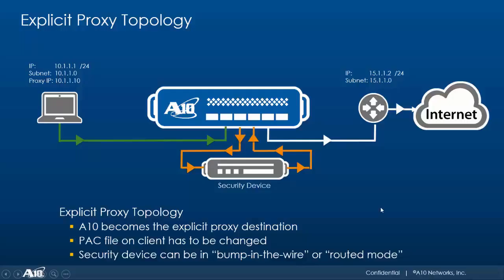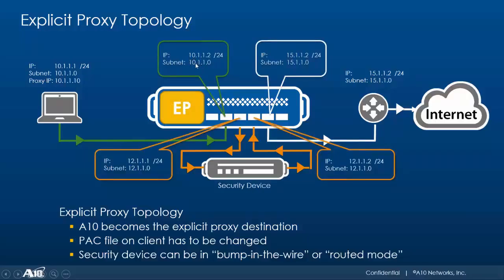The way this network works is the client machine will send all the traffic in SSL format towards the A10 device. The A10 device will have its first interface connected to the client machine in the same subnet as the client machine.